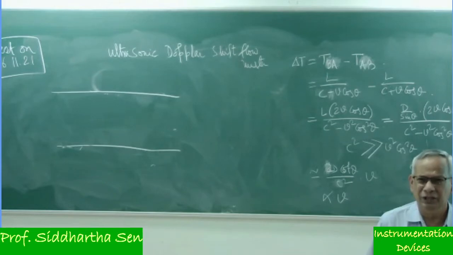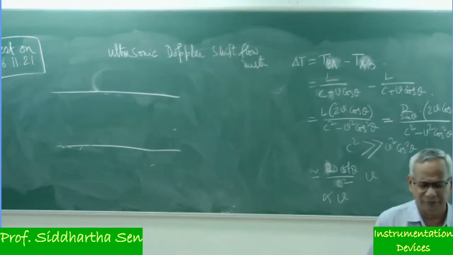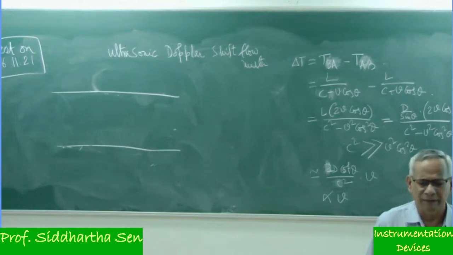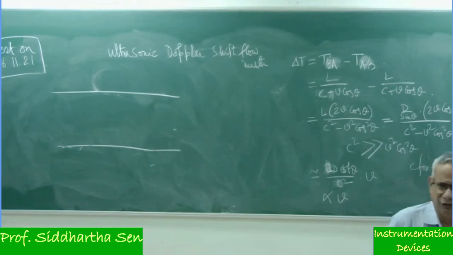That means a red light, what is called a red shift. Some light they are emitting, the wavelength will change, that is, the frequency received here will change depending upon the velocity.